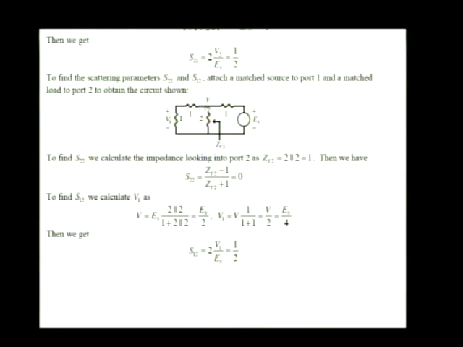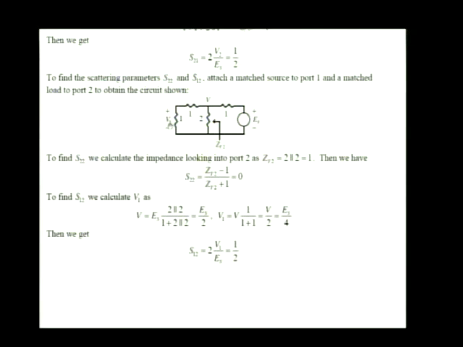There's the original circuit, the 50 ohm and 100 ohm resistors in their L configuration. Now I connect a matched source up to port 2, 1 for its internal impedance and E sub S for its magnitude, and a matched load up to port 1, a 50 ohm resistor, or 1, since we're dealing with normalized impedances.